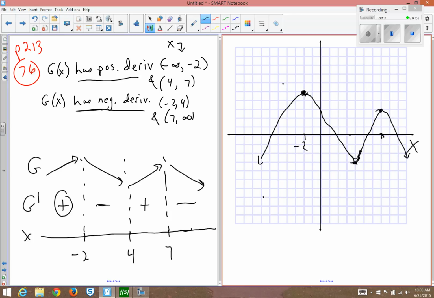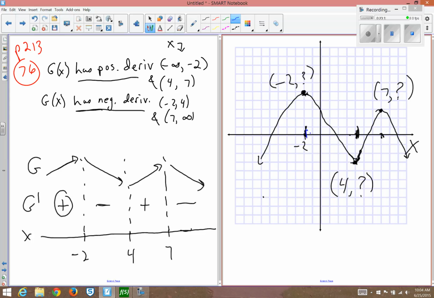So this is the point -2 whatever. This is the point 4 whatever. And this is the point 7 whatever. As long as the graph increases up to where x is -2, decreases for the x values between -2 and 4.